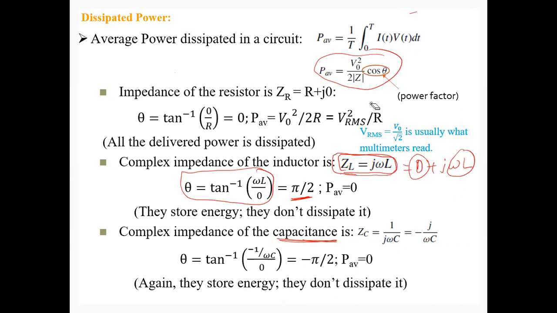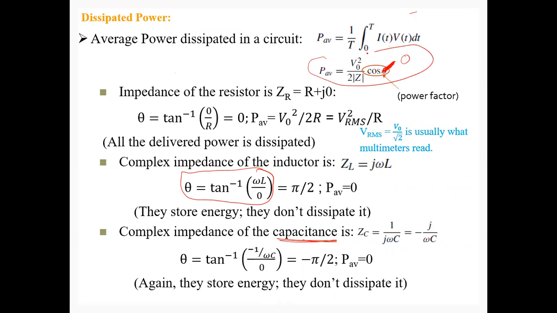So then your cosine here is cosine pi over 2. What is cosine pi over 2? Guys, help me here. Zero, right? So the entire thing becomes 0. V average is 0. So it means inductors don't dissipate energy.